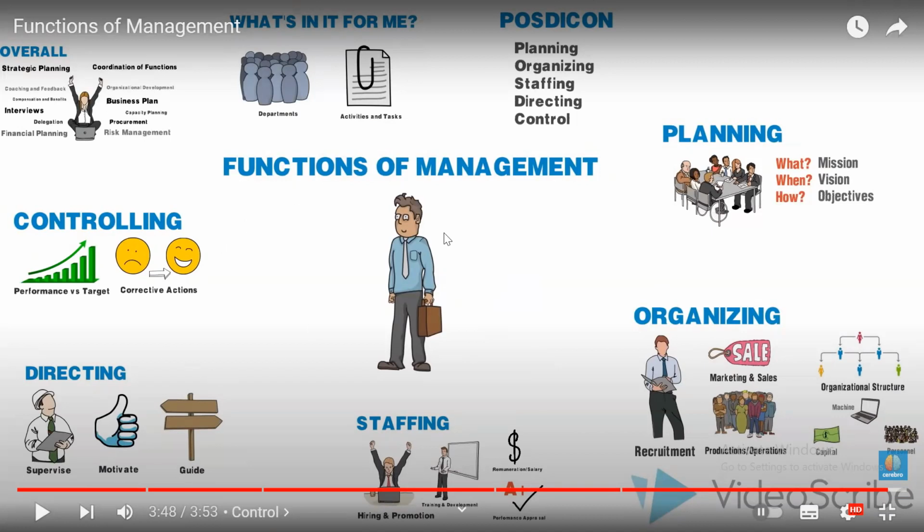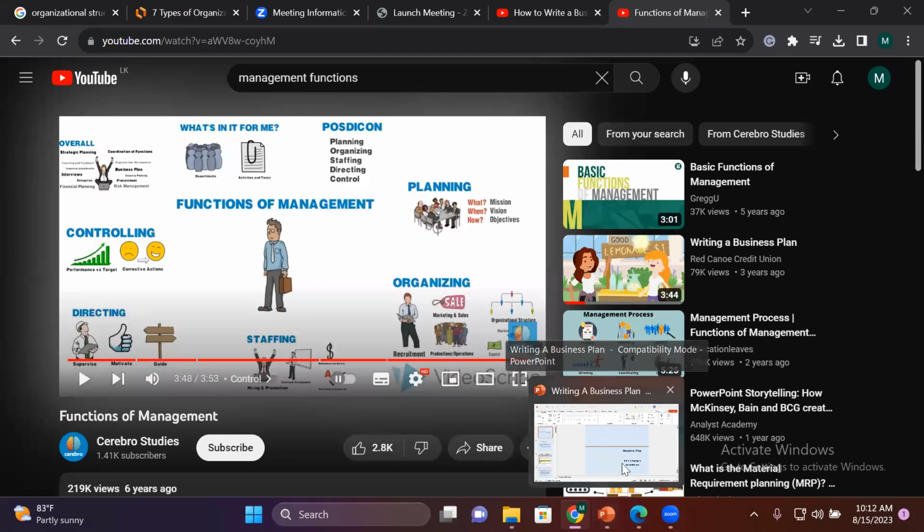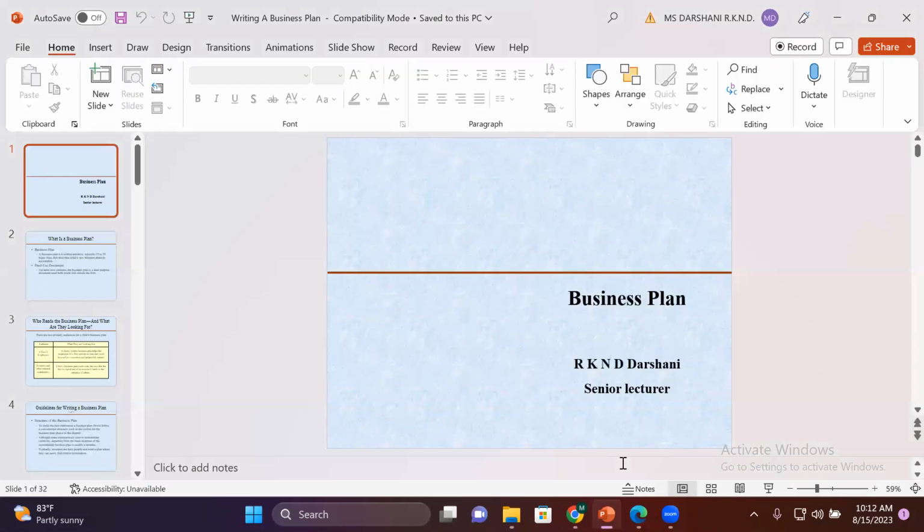So if something is wrong, again, we have to start from the planning stage. So under small businesses, those are the things that you want to focus on more: how to relate these management functions to a company and how to write about these organizational functions.